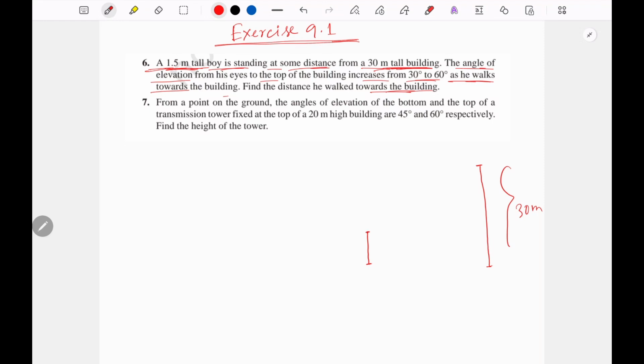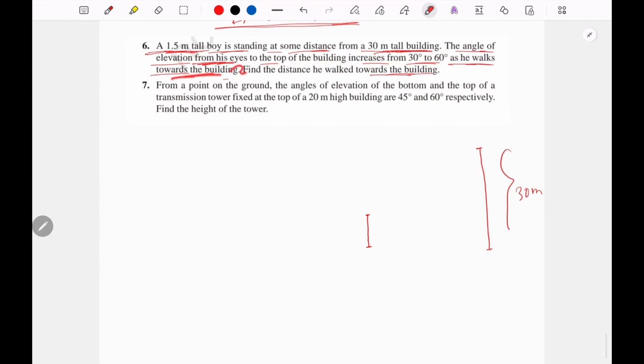Now this boy is standing some distance away from this building. Now it says the angle of elevation from his eyes. So let's assume that this is his eyes. The angle of elevation from his eyes to the top of the building increases from 30 degree to 60 degree as he walks towards the building.